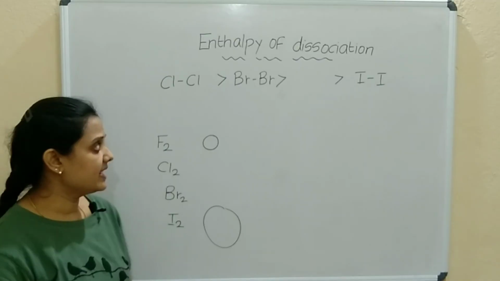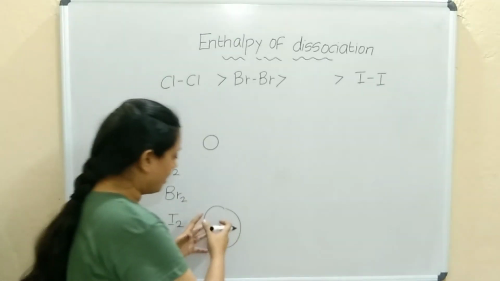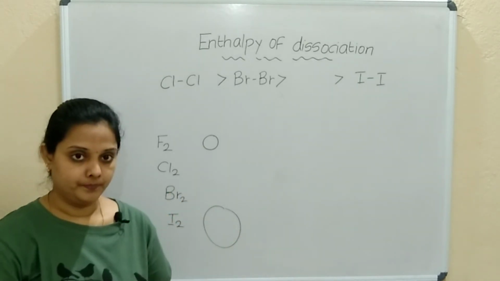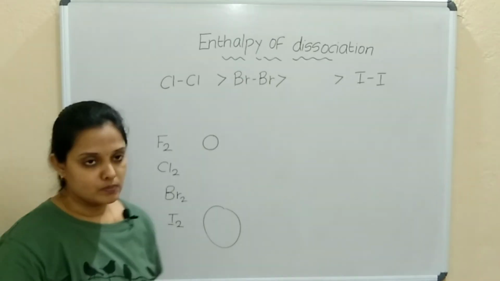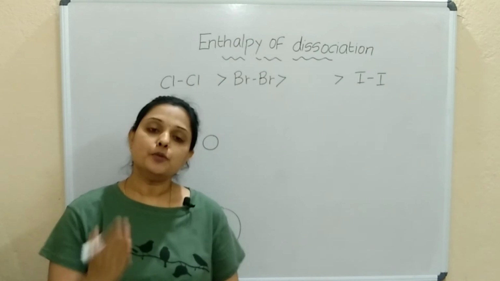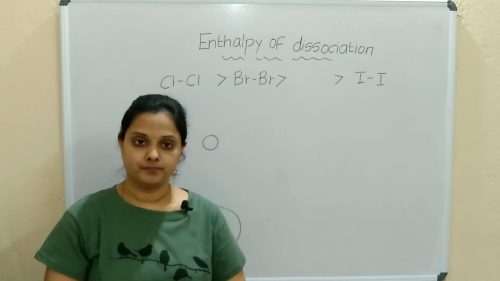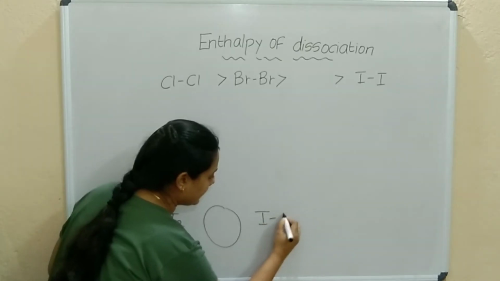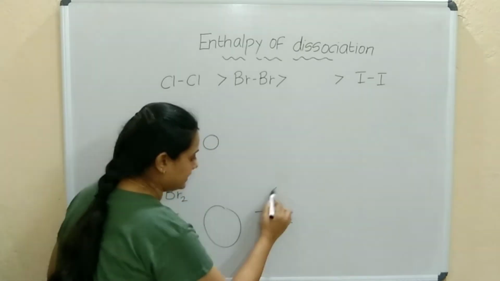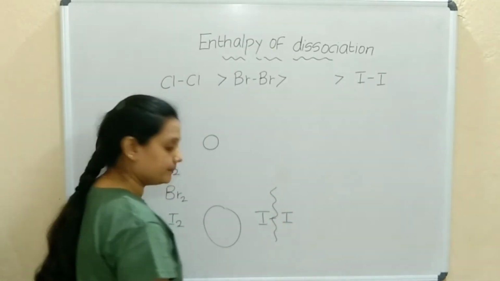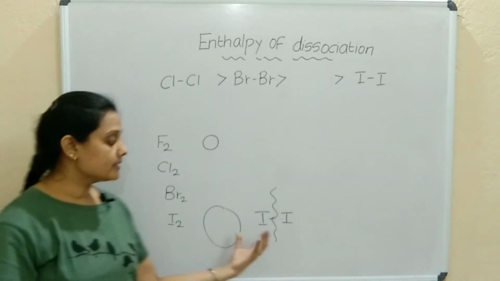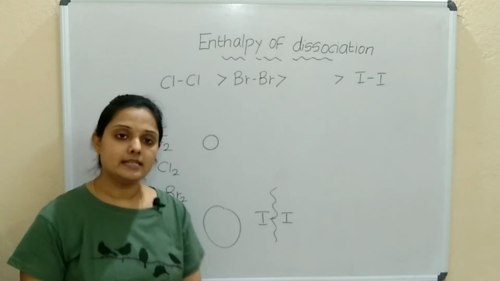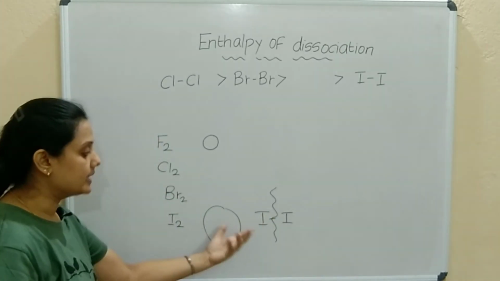Now dissociation. The bond length here is more because the size is more. If the bond length is more, it is easy to break the bond. That means the bond between I and I is easy to break, because the size is big and bond length is more. So easily it can be dissociated.